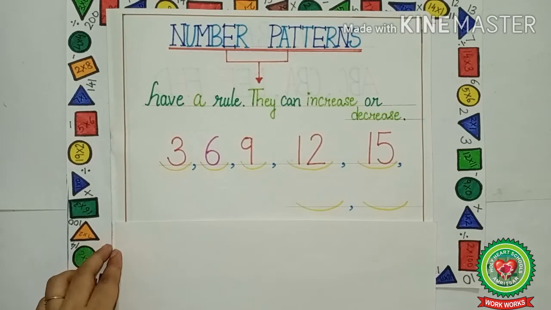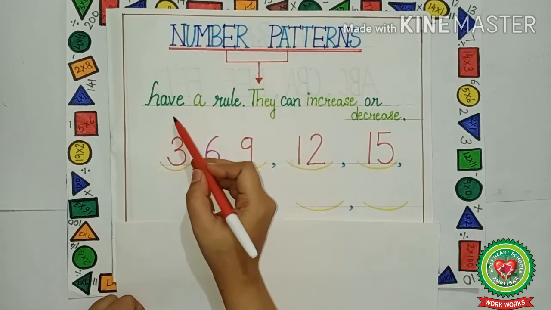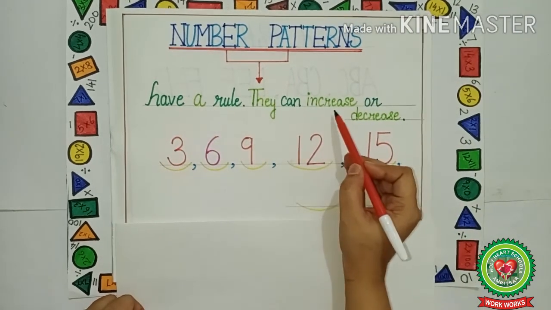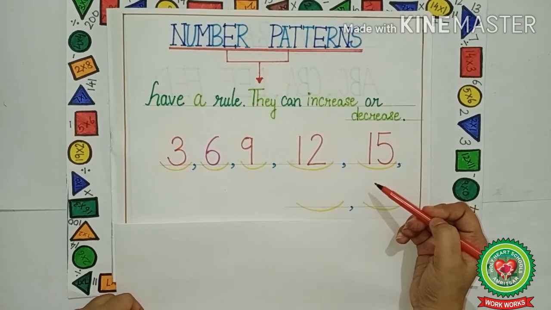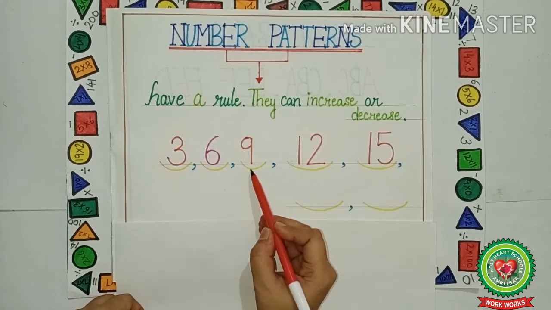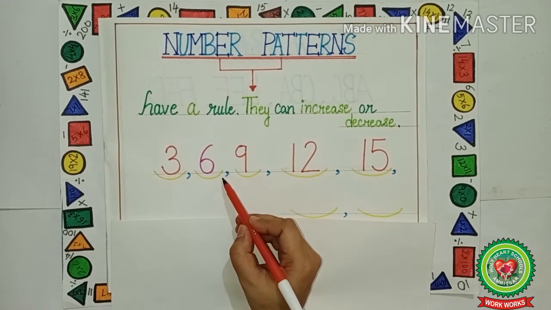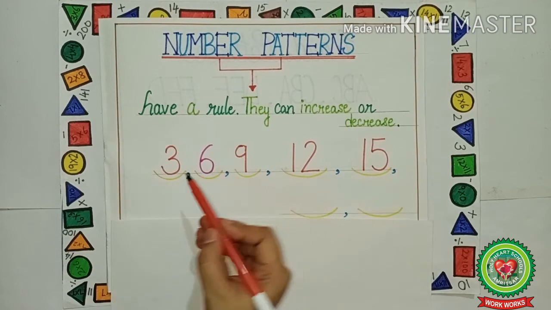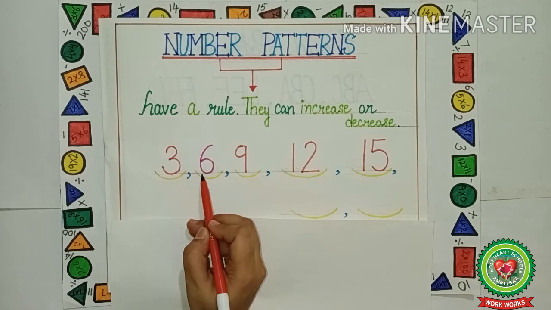Now let us take one example of number patterns. Number patterns have a rule. They can increase or decrease. Let us now see the example that we have taken. Which rule does it follow? 3, 6, 9, 12, 15. Look at the numbers carefully, you will see it is following a particular rule. 3 is added to the first number to get the next number.